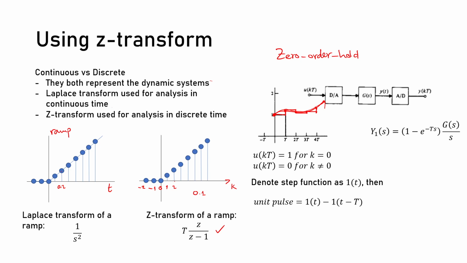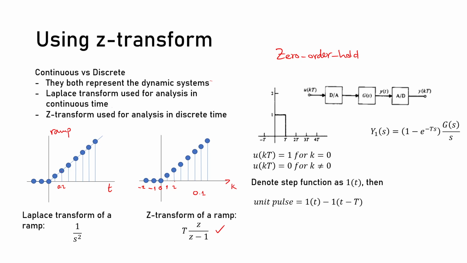Now let's see the stair-like control action during just one period, one sample time, or one time step, from 0 to capital T. When you look at this input, it is just a pulse.